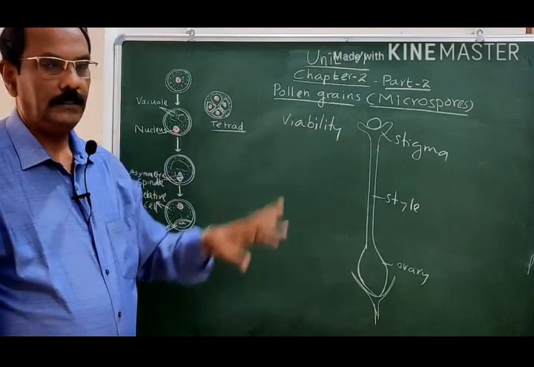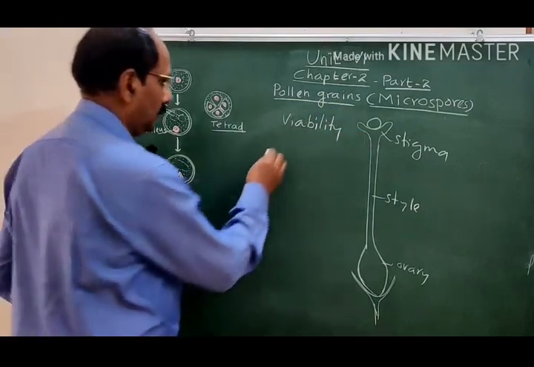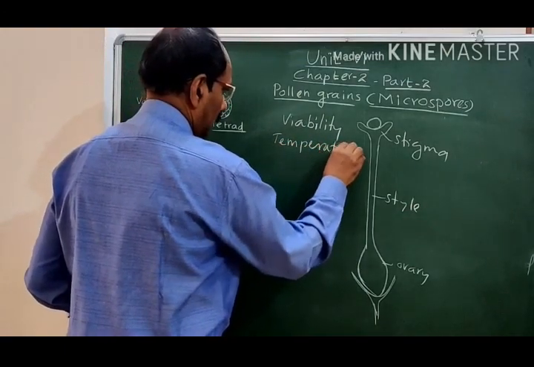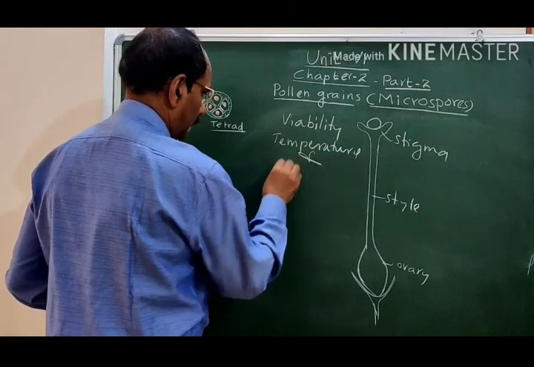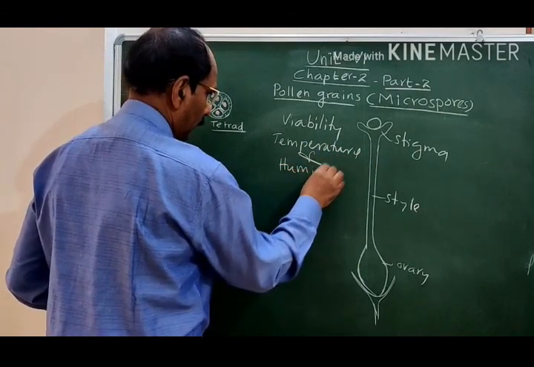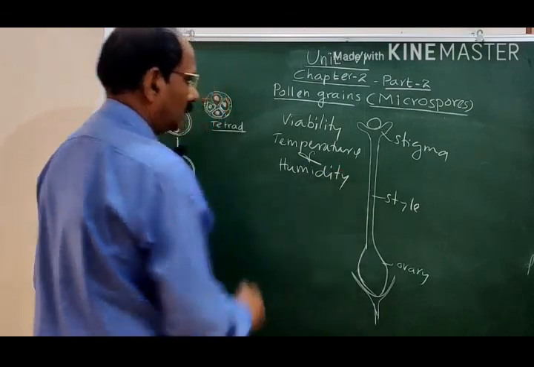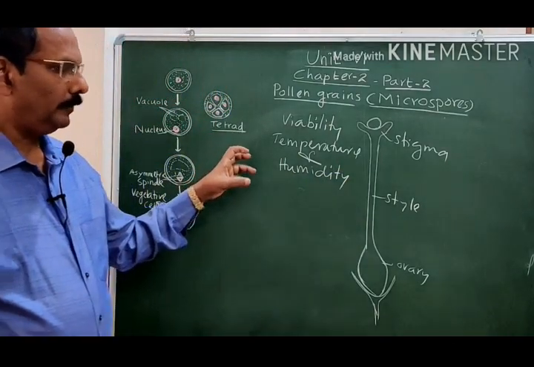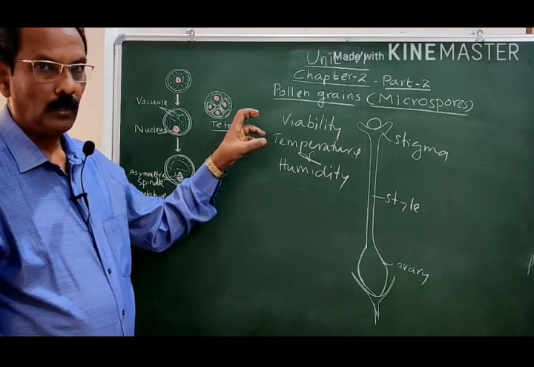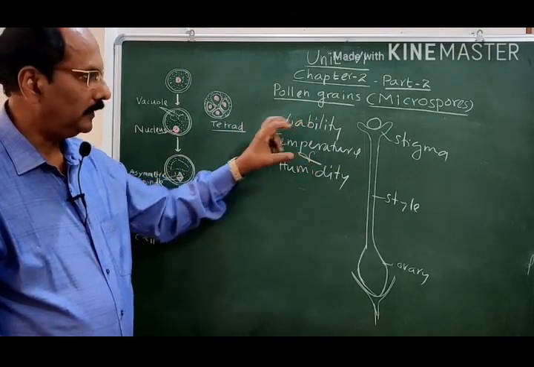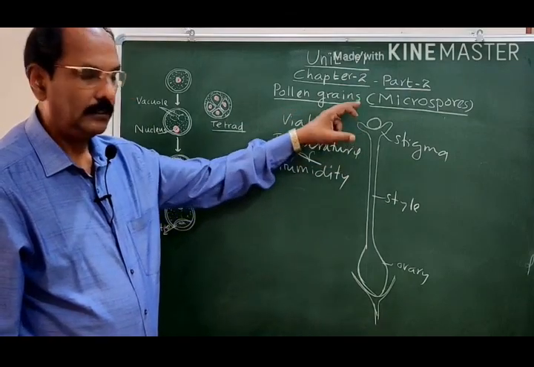Viability depends upon two conditions: temperature and humidity. These are the two conditions required for maintaining viability. If suitable temperature and humidity are present, the pollen grains will remain viable for a particular period, and during this period, when they fall on the stigma, they will germinate.